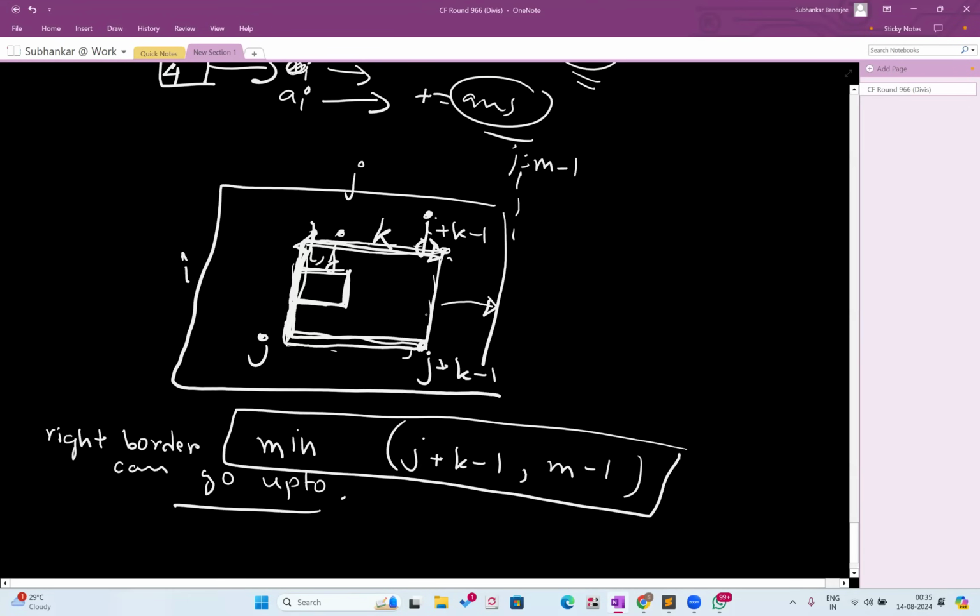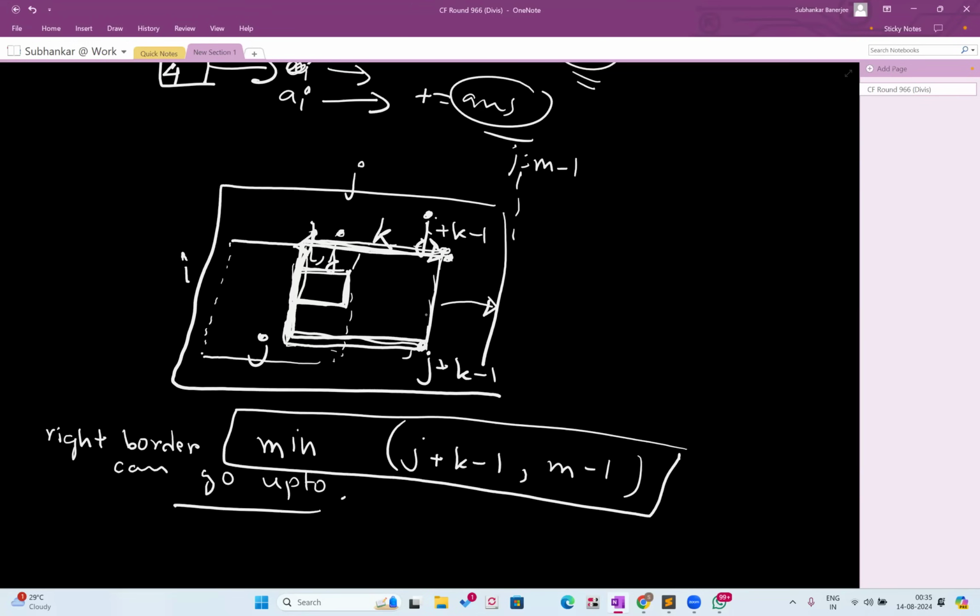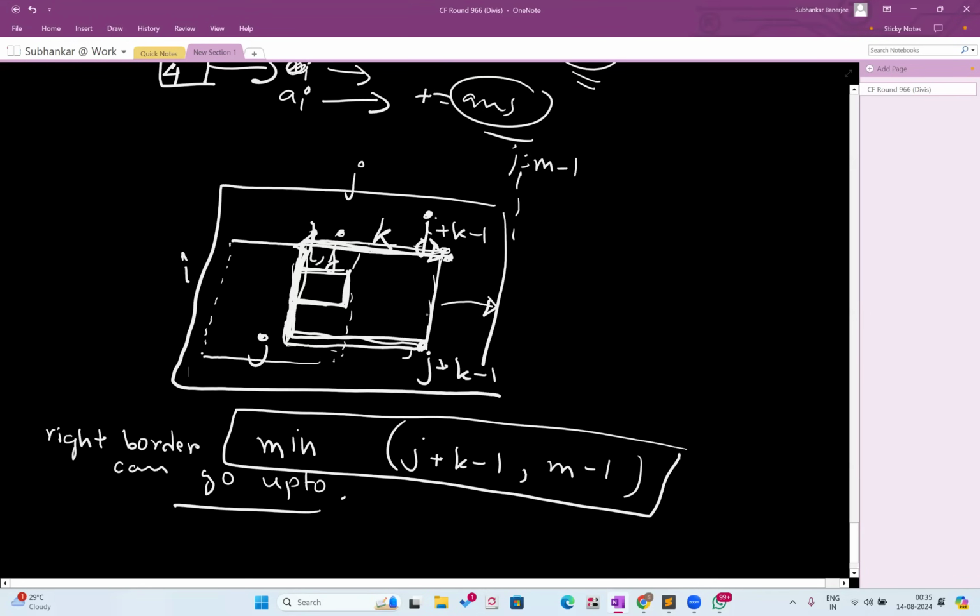So I'll just move the subsquare from here up to somewhere here, and I'll check how many values are possible for the left right displacement of the subsquares. And similarly, I'll just check the vertical displacement as well.